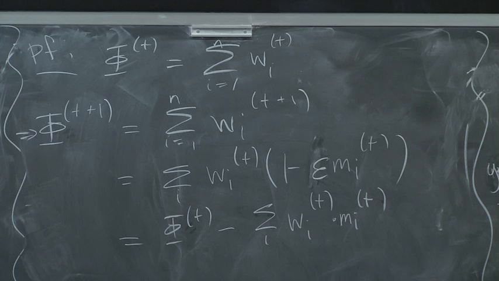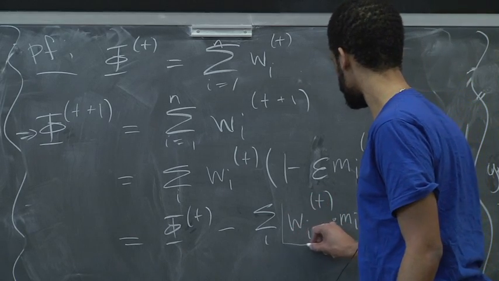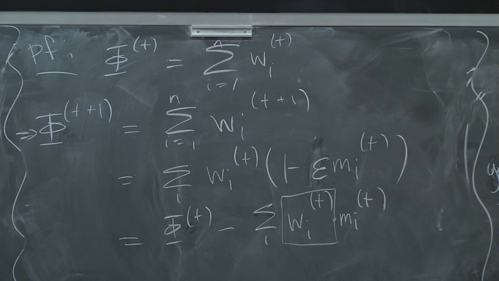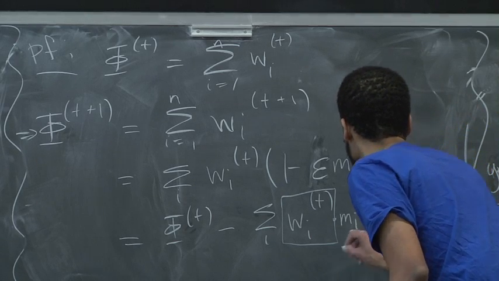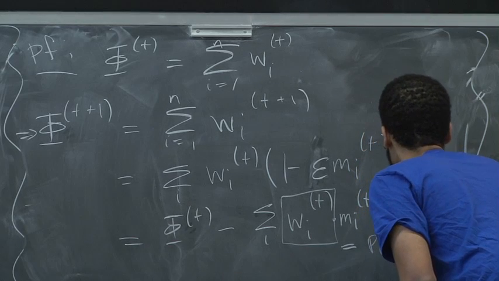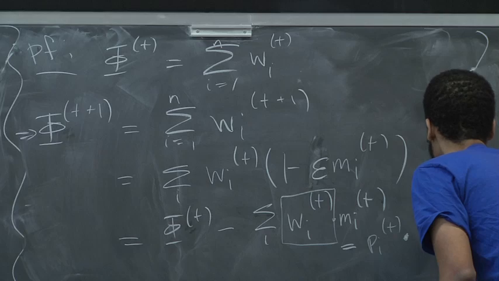But what's wi of t? By definition, relating it to p, this is just equal to pi of t times phi of t.